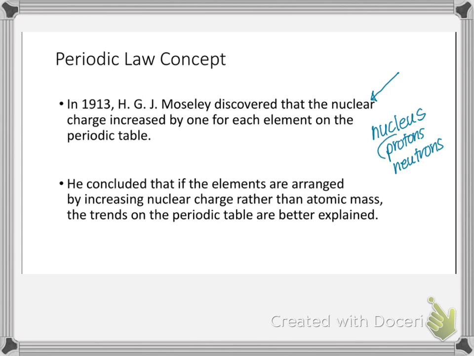And so this idea that each subsequent atom has one more increase in charge would then indicate that the protons are changing for each subsequent atom. So you can see here that if you arrange it by nuclear charge rather than mass, then the trends on the periodic table are better explained. And so our current periodic tables are arranged by the atomic number.